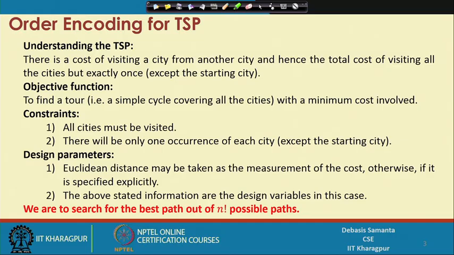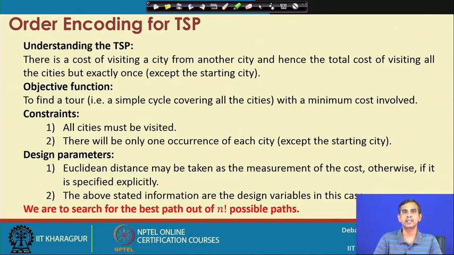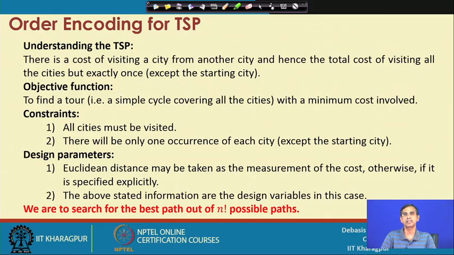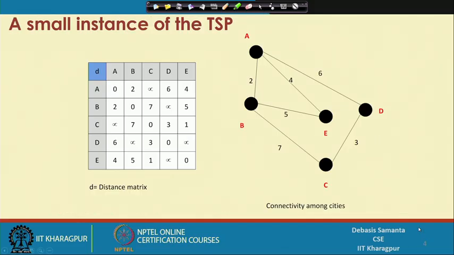And as the design parameter, if the locations of the cities are given, then the Euclidean distance between two cities can be taken as the cost. Otherwise, it is specified explicitly what the cost of traveling from one city to another is, and then this problem can be stated in terms of a mathematical representation. This is basically the input.